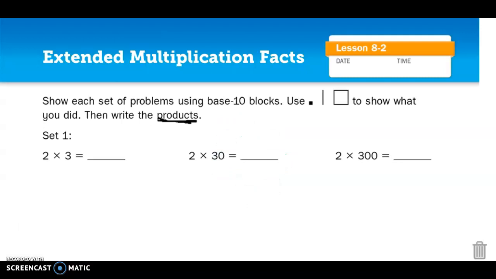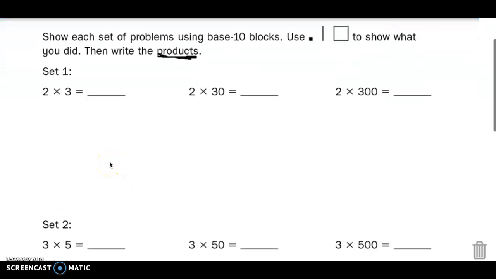So we're going to start with our basic fact in set 1. Our basic fact is 2 times 3. We know what that is. We can double 3, and we know it's 6, but we need to draw that out. How would we show that? Well, we're going to use our cubes, and we do 1, 2, they kind of look like circles, but pretend they're cubes.